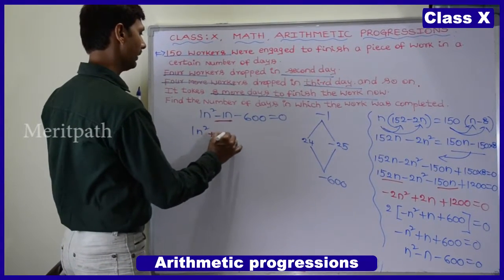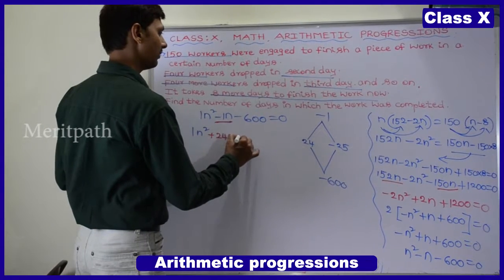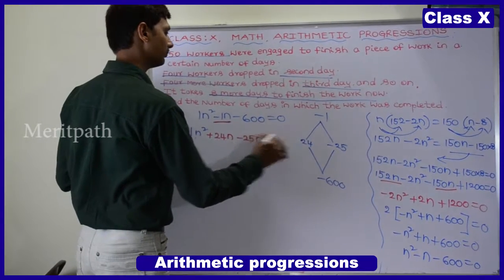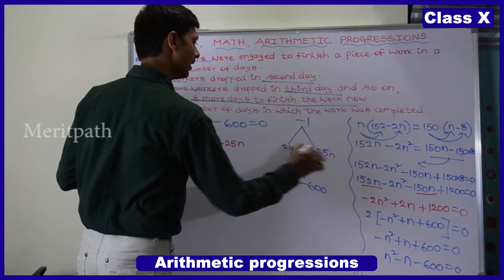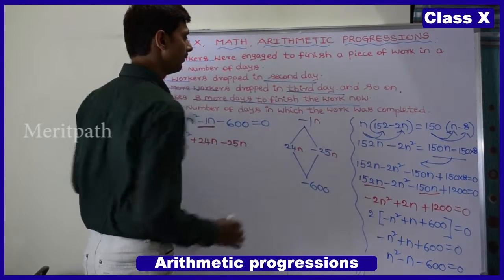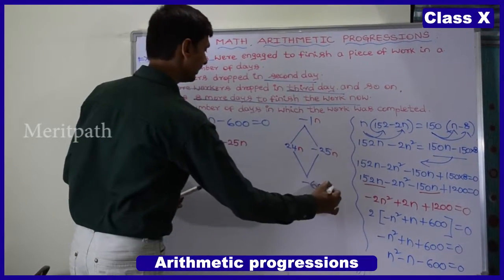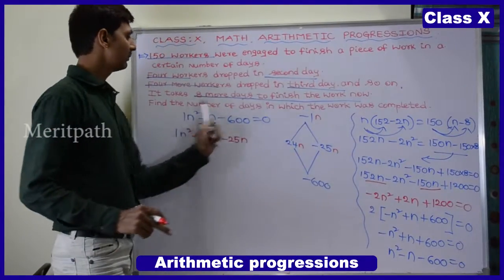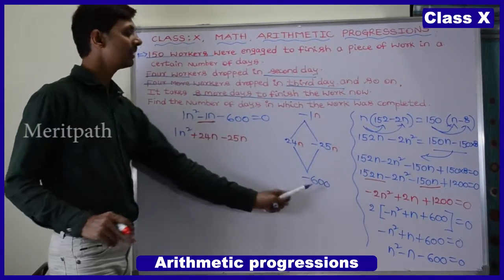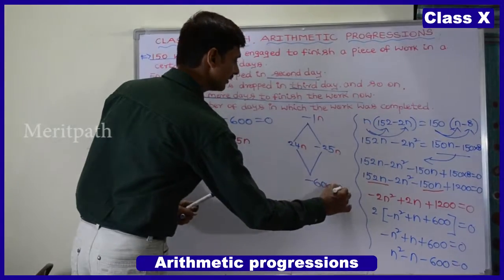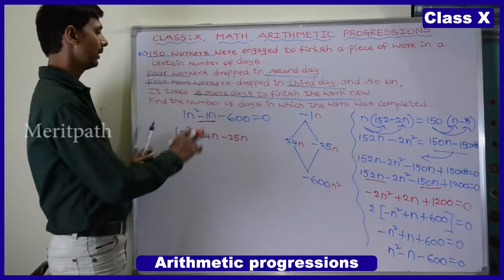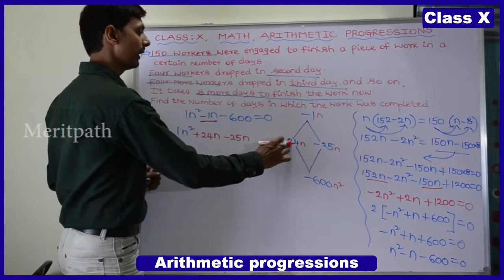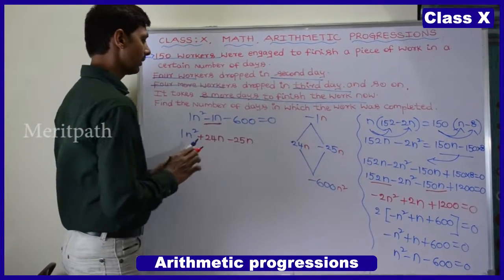So 1n square, this minus 1 can be written as plus 24 and minus 25n. When we add this one, we'll get minus n, and when we multiply this, we'll be getting minus 600 n square. It is balanced to this 2. So here minus 1 is equals to 24n minus 25n.